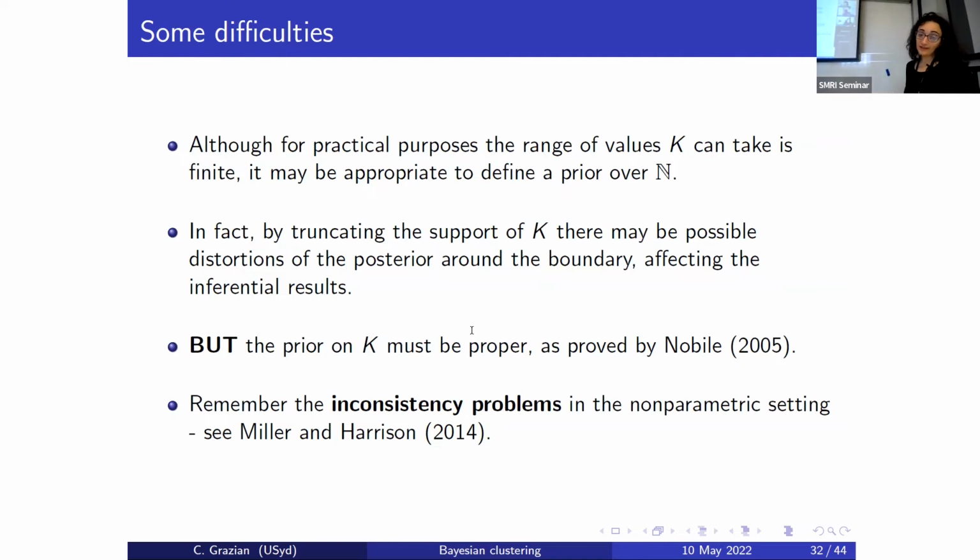But on the other hand, it was also proved that if you don't use a prior distribution which is proper, then K can't be estimated. So the posterior distribution for K will be improper. So you need to use a prior distribution that is proper. But another additional problem is that not all the prior distributions are the same.